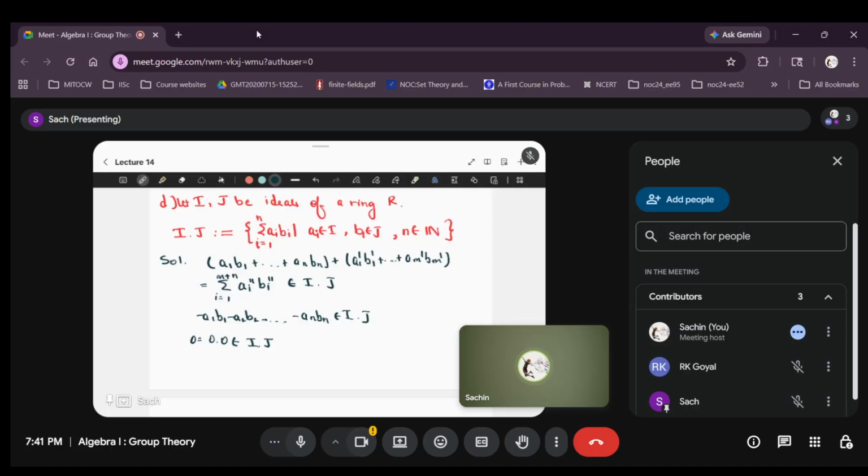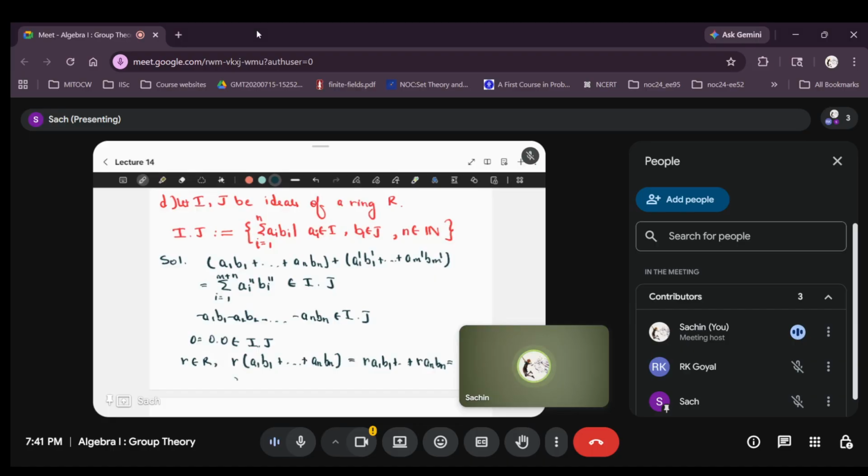Then, if you take some element r in R and take the product with one of these elements, you will get r a1 b1 plus etc. r an bn, but I is an ideal.